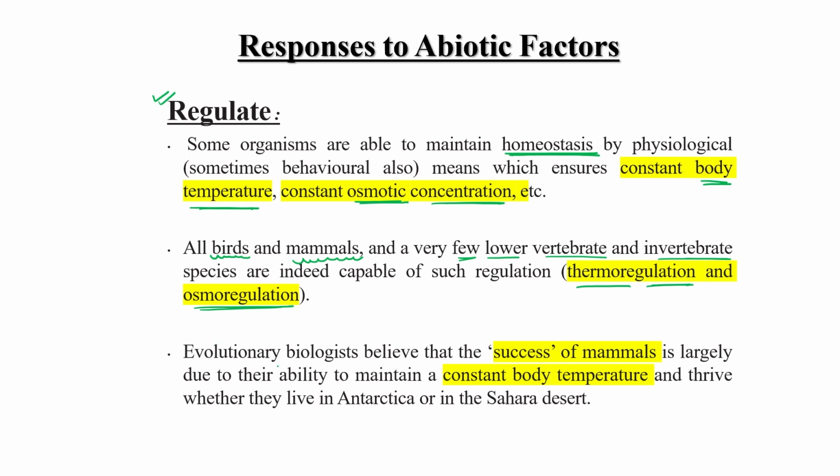Because of this, some evolutionary biologists believe that the success of mammals is largely due to their ability to maintain a constant body temperature and thrive where they live, whether in Antarctica or in the Sahara Desert. They are able to survive in extreme conditions, because their body temperature is not affected by the outer environmental condition.